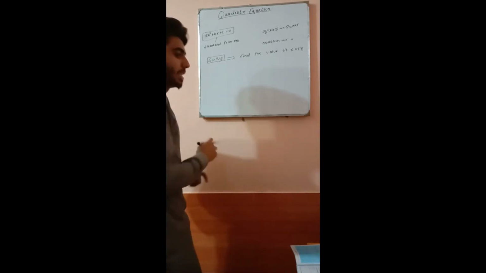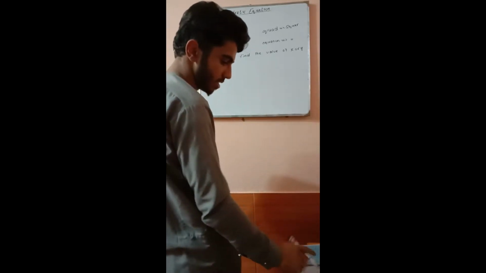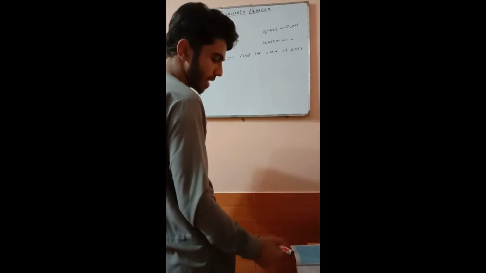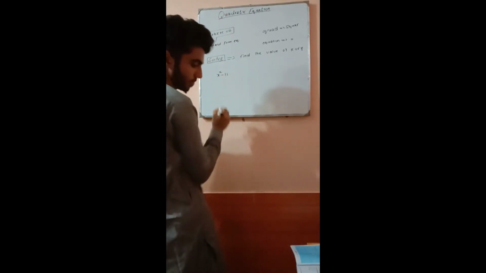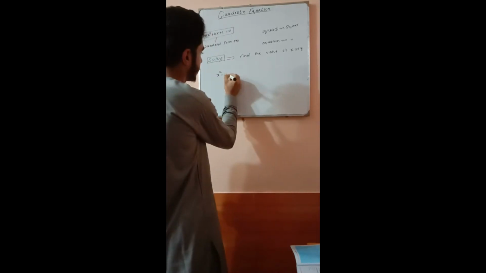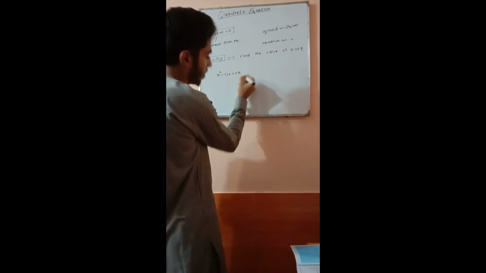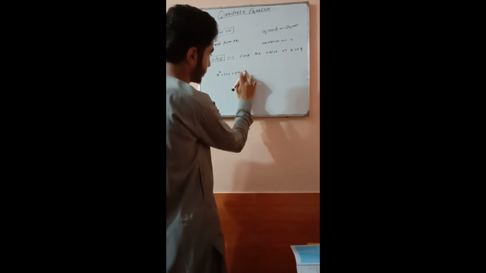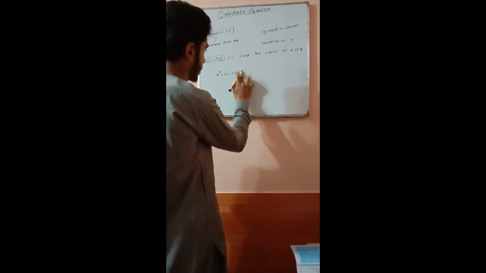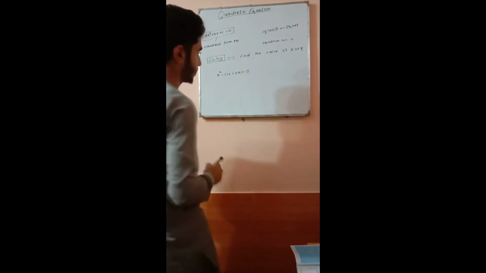So I'll give an example, like x squared minus 11x plus 24 is equal to 0.